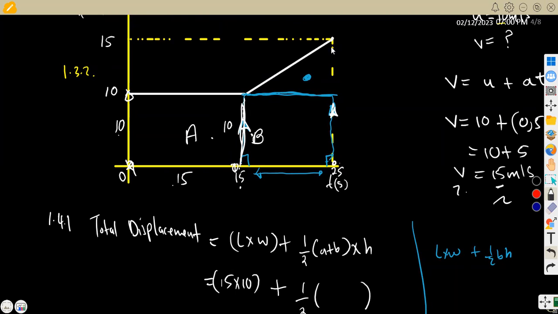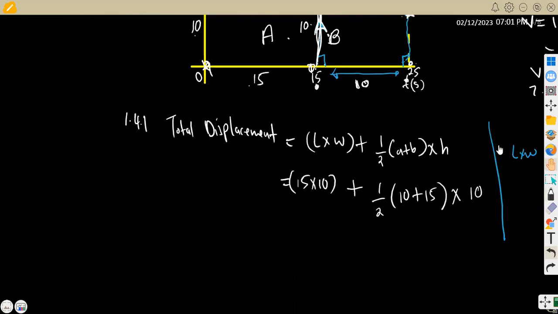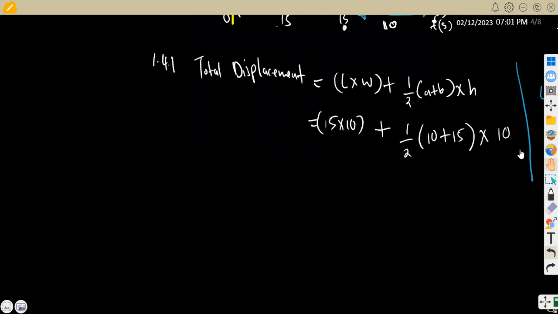And from this point up to this point, which is the whole of this line, that is 15. So you add the sides which are parallel, that's 10 plus 15, times the perpendicular height now, which is the one that is at 90 degrees. So that is the difference between the 15 and the 25. Remember, this is 15, this is 25. So 25 minus 15 is 10. So there's a difference of 10 here. So you multiply by half of 10. So that was going to be the total displacement, which is the area.